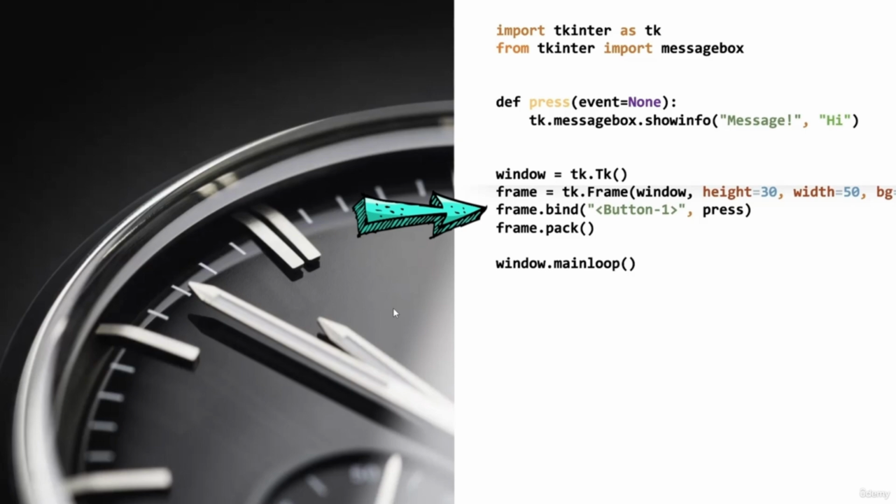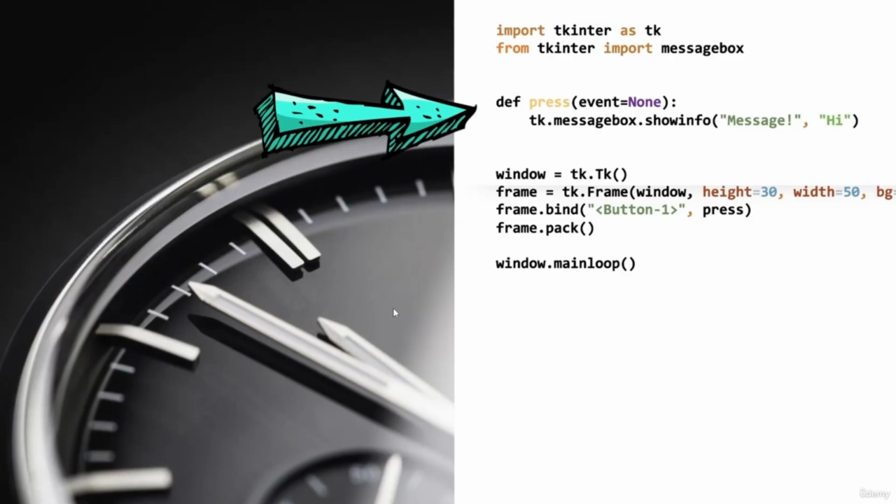The bind method accepts two arguments. The first argument is the event, which will trigger the callback, and the second argument is the callback itself. The callback, which we will bind to our non-clickable widget, differs from a regular callback, as it contains one parameter.